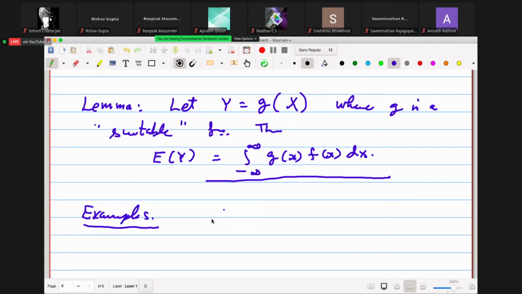Before I do this, one remark. Suppose I give you a function f of x which is a non-negative valued integrable function such that the integral of f(t) dt from minus infinity to infinity equals 1.